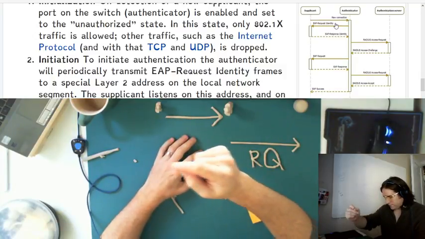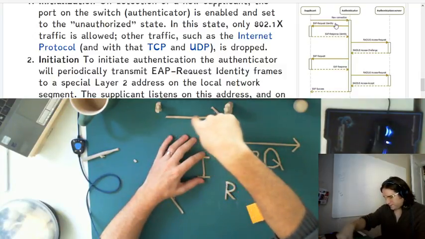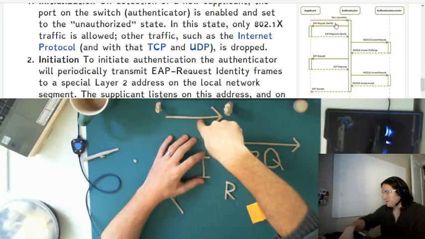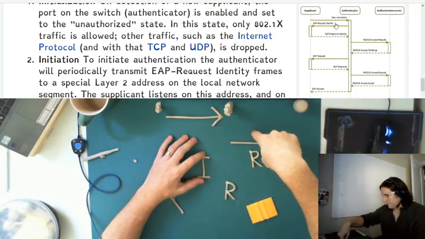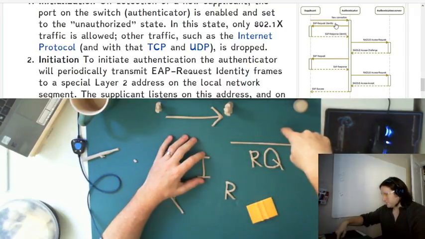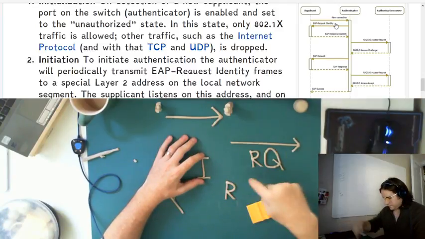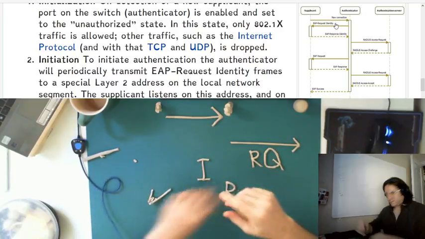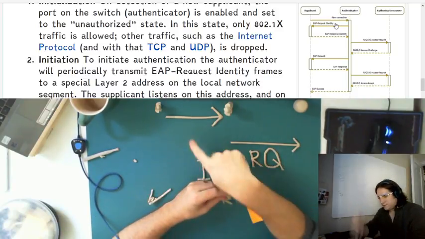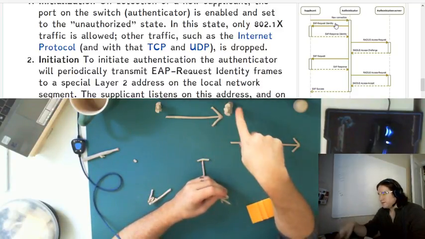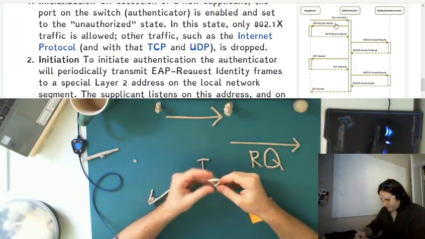So response identity, response request, access request. Okay, so the supplicant sends the response identity.